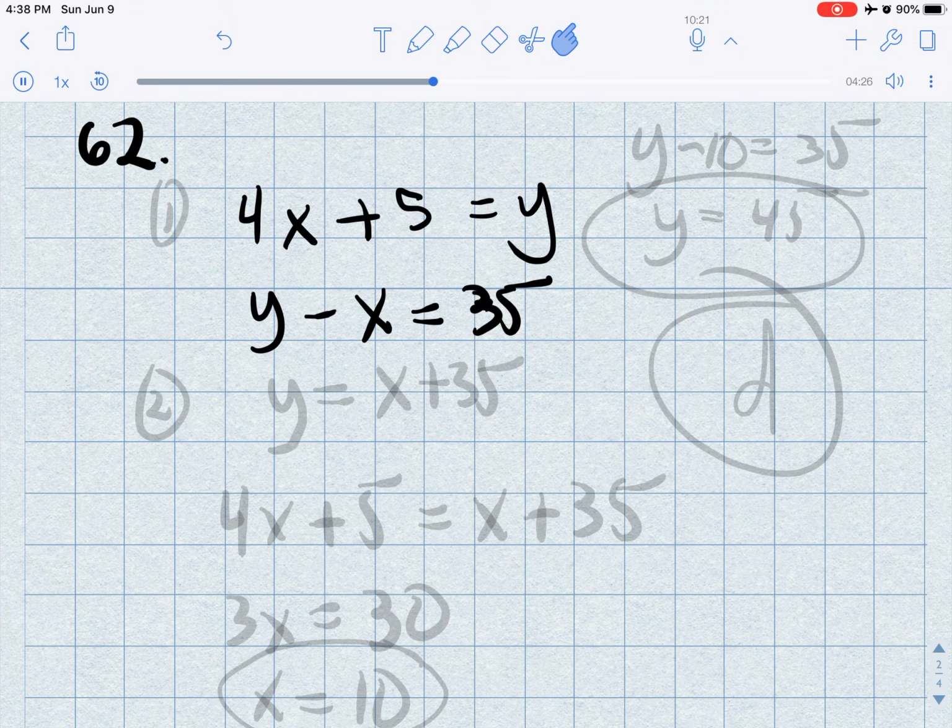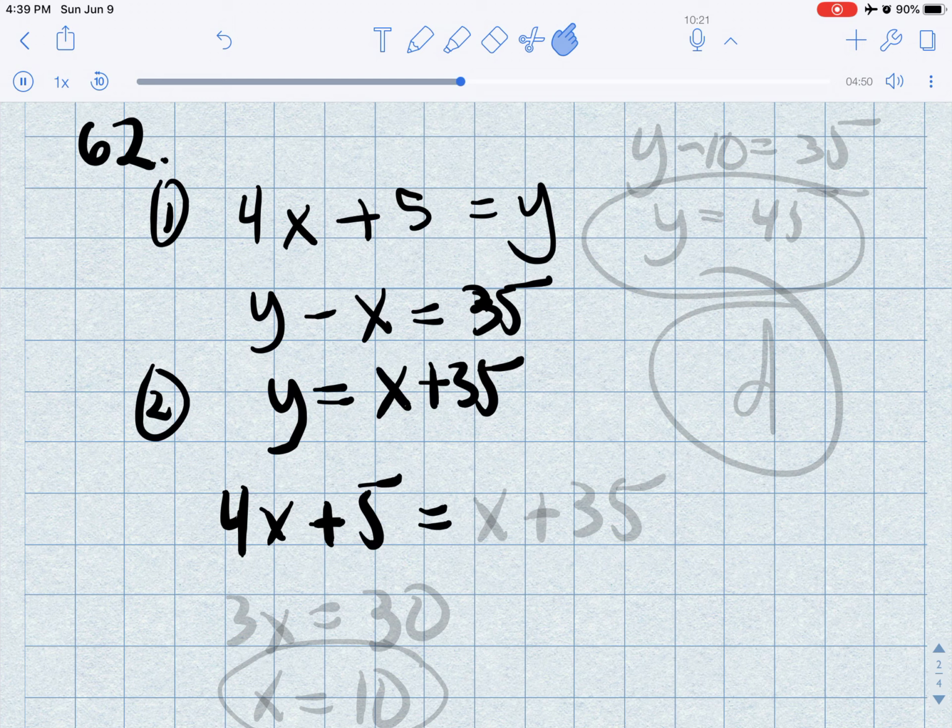So now I'm going to set them equal to each other because I think that's easiest. Equation 2 can be rewritten as y equals x plus 35 by adding x to both sides. Now since equation 1 and equation 2 are both solved for y, I can set them equal to each other. 4x plus 5 equals x plus 35, right?